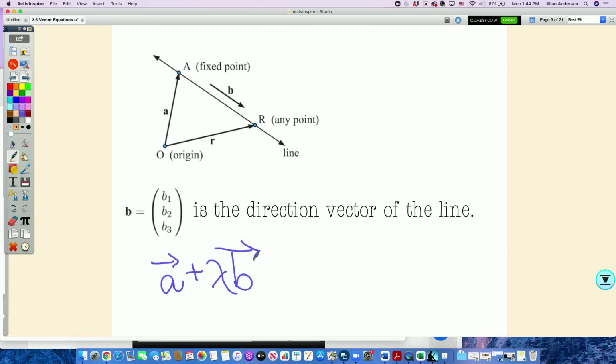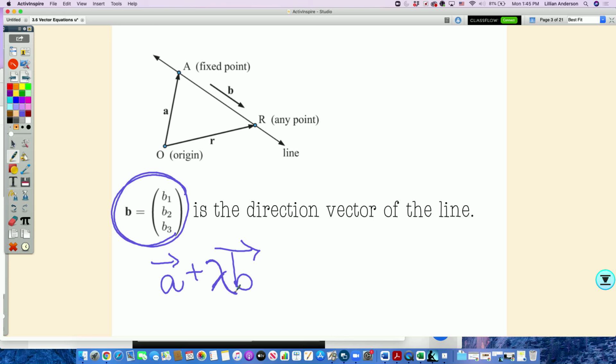Realize that b is the direction vector of any equation that you get. Whatever vector is attached to that scalar, it could be lambda, it could be mu, it could be t, it could be s, it really could be any variable, that is the direction vector. Whenever you're trying to figure out if lines are perpendicular, and you're given the equation, you're going to use the direction vector.